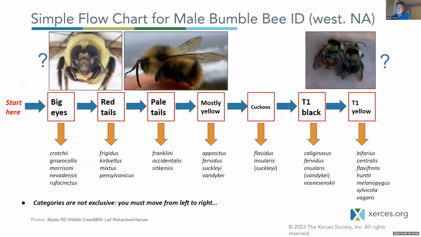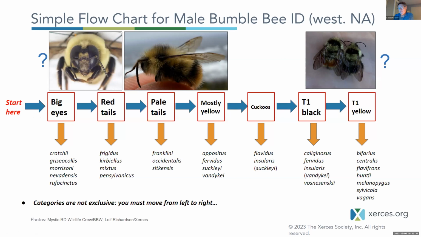We're going to organize the rest of this talk around this flow chart, or the character states on this flow chart. So this is a very simplistic way to identify male bumblebees from photos. The basic idea here is to find some easy to identify morphological or hair color pattern character states that only a few of the species have, and then move from left to right with successively more difficult characters, or characters that are shared by more species.